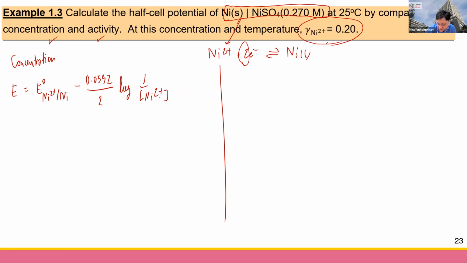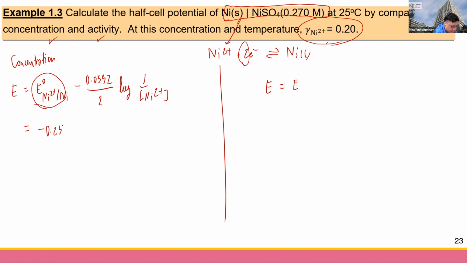And you plug everything in. Can you open the standard table for this one? What is the value for nickel? Can you type it? Minus 0.25, thank you.